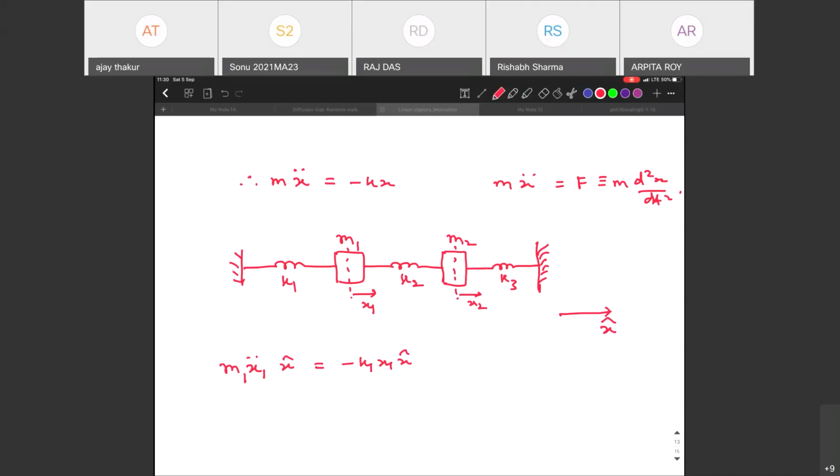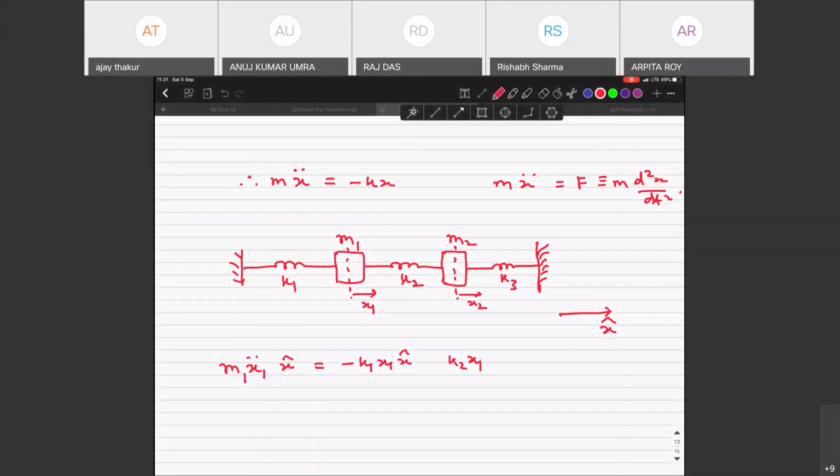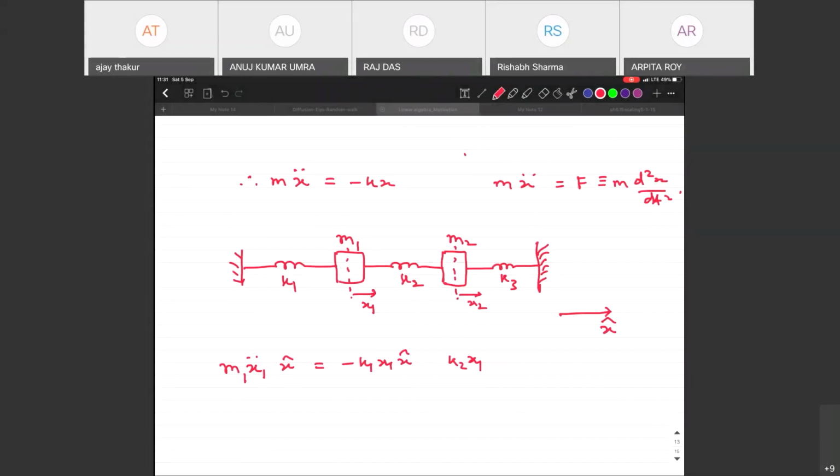So k2 x2, plus minus k2 x1. See, k2 x1 would act in which direction? This is the most crucial thing. You have to imagine that you are trying to compress this, right? So if you are compressing k2, the restoring force is going to act in the minus x cap direction. So in this case again, this is going to be minus k2 x1 x cap.